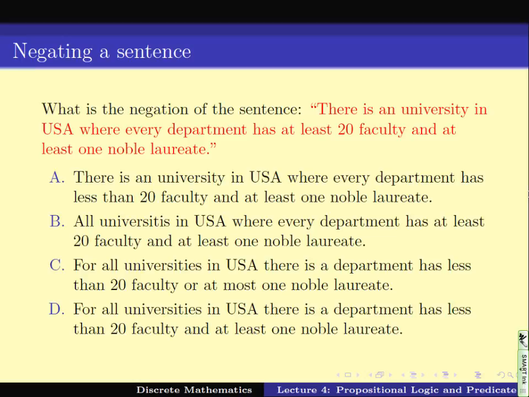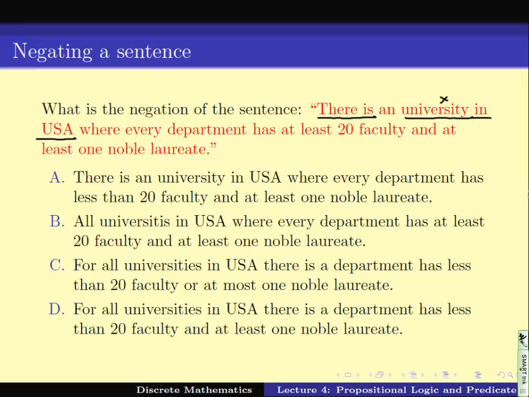Now, if you want to negate this sentence, the first thing to do is to identify the quantifiers and the variables. In this case, there are two quantifiers and two variables. There is, so this is a quantifier, there exists, with the variable university. Let's call this university X, a university in USA.